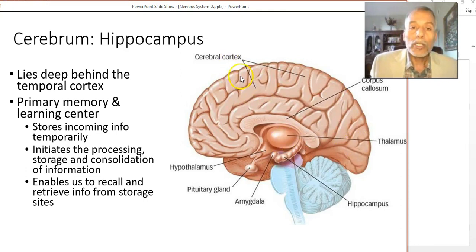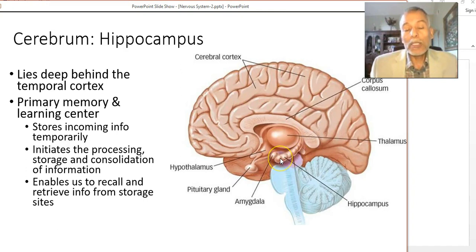Motor information is stored in the frontal cortex. Categories of animals, this, that, everything that you have has a particular area where it is stored. And in order to store the information, it has to go through the hippocampus. If you do not have that, right and left, the person will not be able to form new memories.